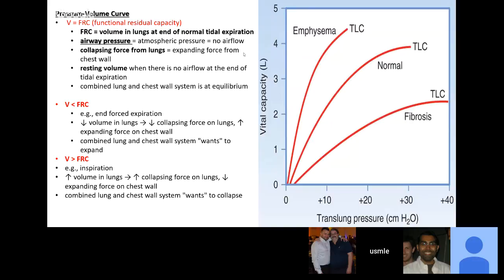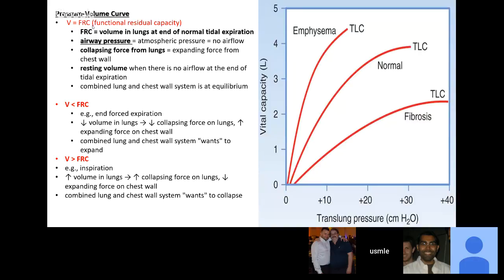Normal breathing meaning tidal volume itself, which, remember, has a value of 500, and it should not change. Then the effect of it is going to be the airway pressure, as we saw yesterday, and the atmospheric pressure do not have any airflow.